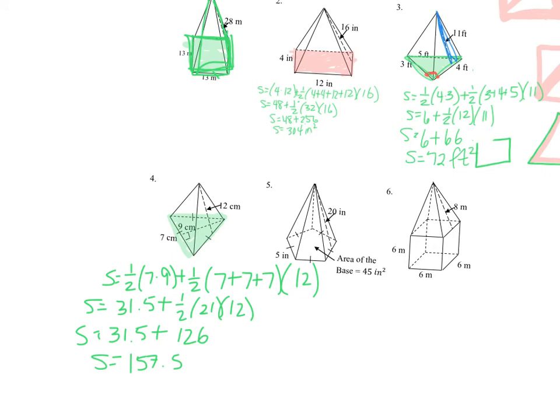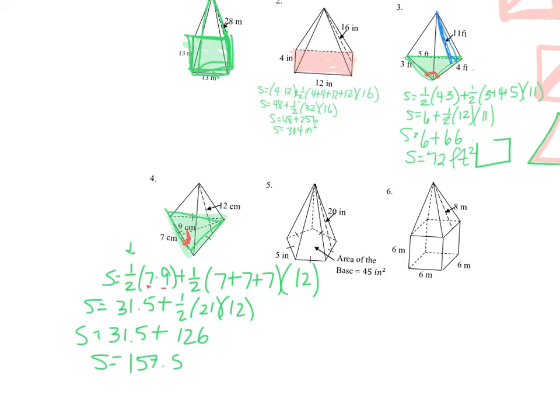So here you'll see that our base is that triangle down here. So it's 1/2 base times height. And remember I said, look for those right angles. There's the right angle right there. It's touching the 9 and it's touching the 7. So that's why your base and height are 9 and 7.